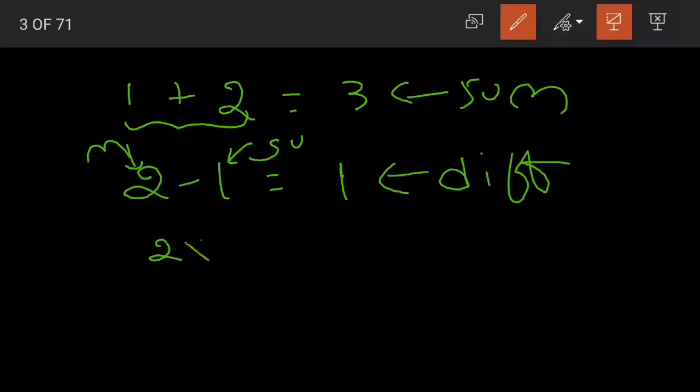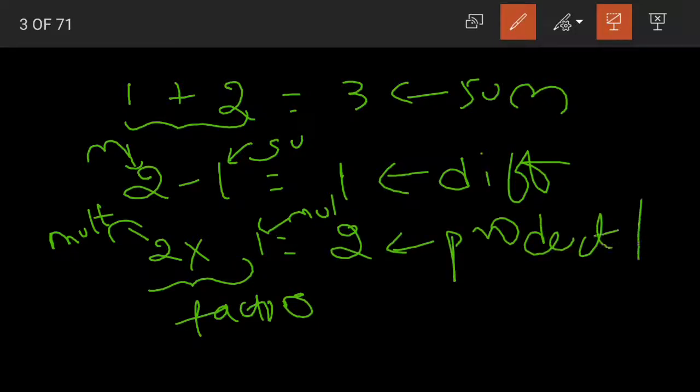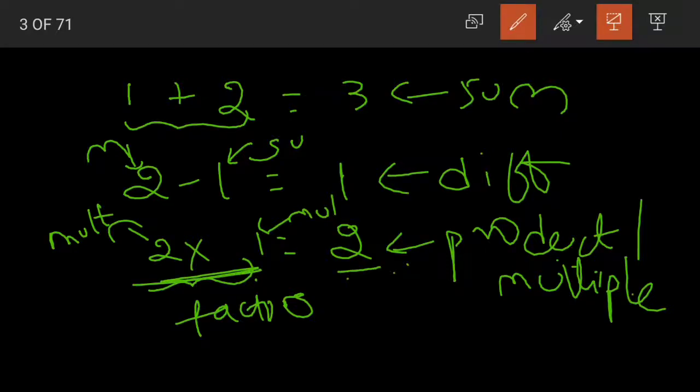When we are multiplying, one number is called the multiplier and the other the multiplicand, or these two are called factors as well. The answer is called the product, or it can be called a multiple as well. 2 and 1 become the factors and 2 becomes the multiple.